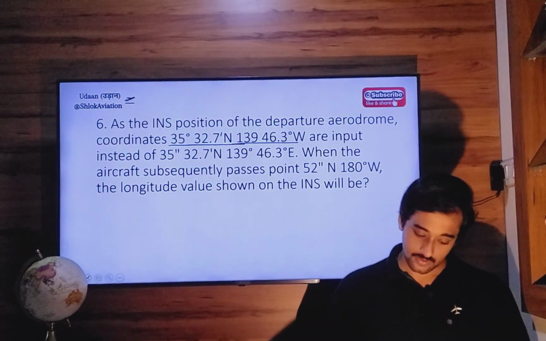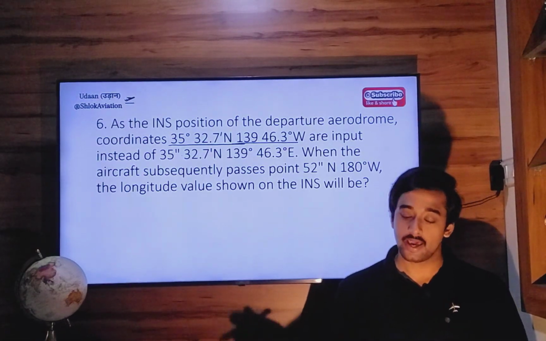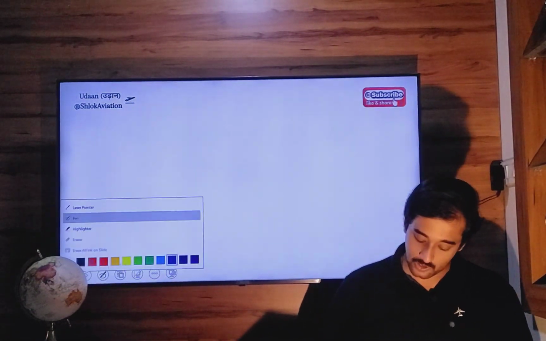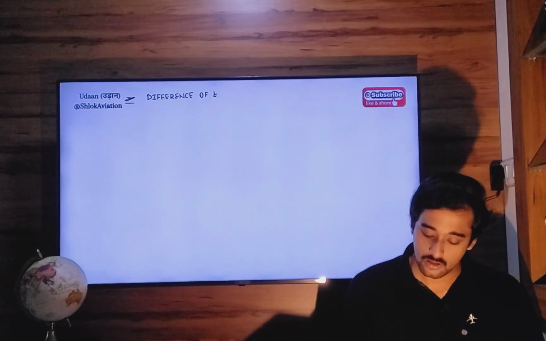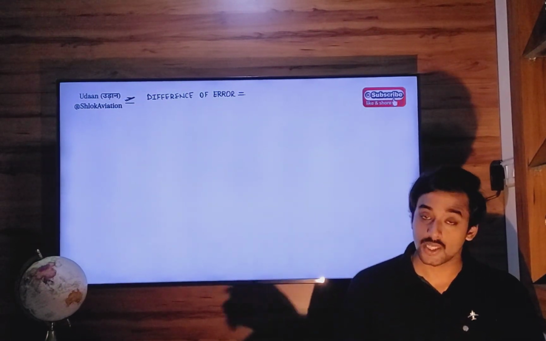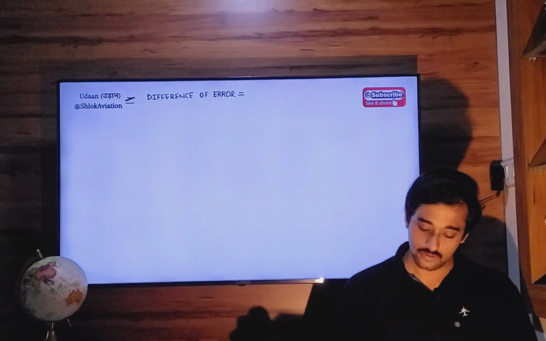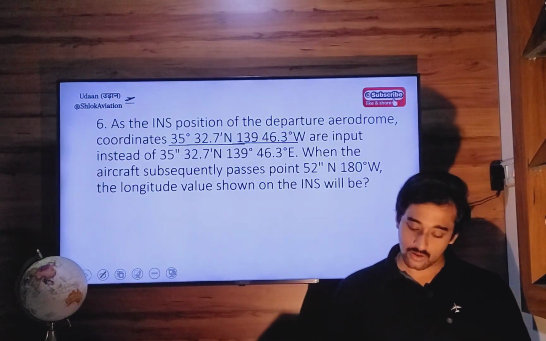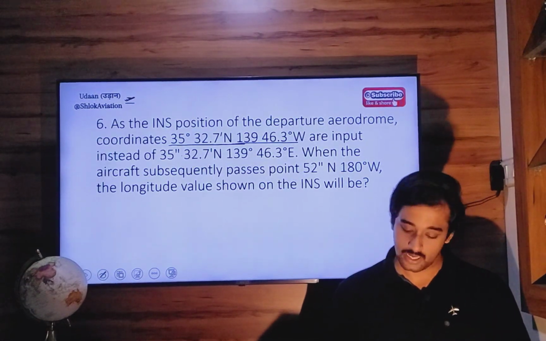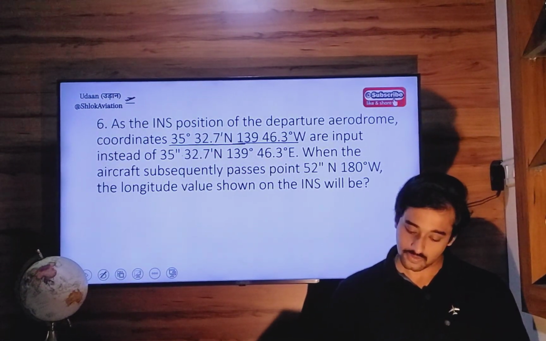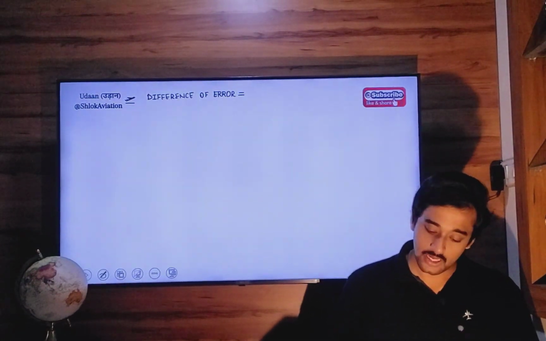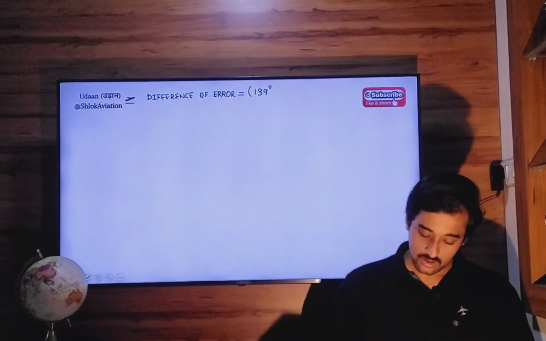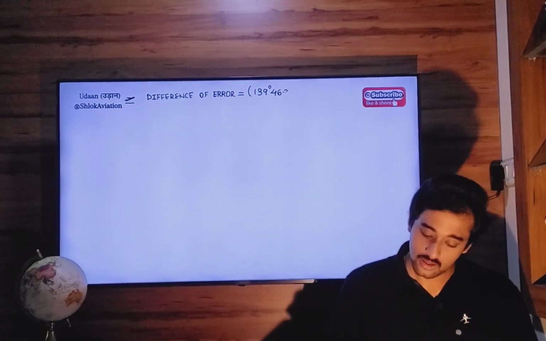So now what is the difference of error between them? The magnitude of error, or the difference, between the position that you have put and the actual position is equal to, okay, latitude is correct, longitudes are put wrongly. 139 degree 46.3 minutes west.